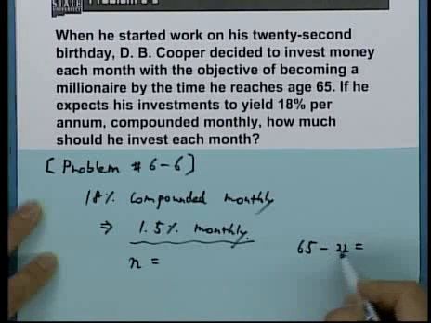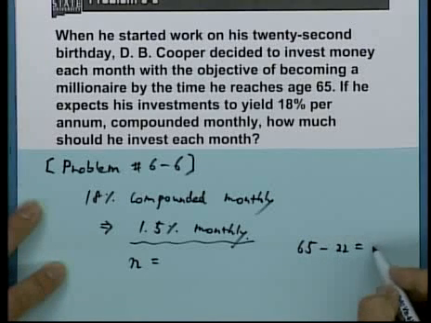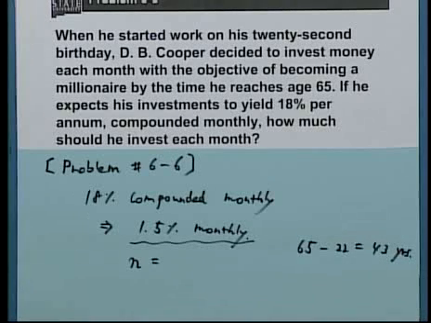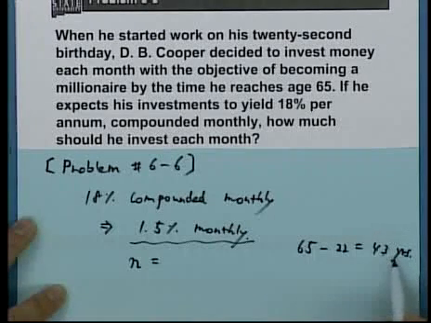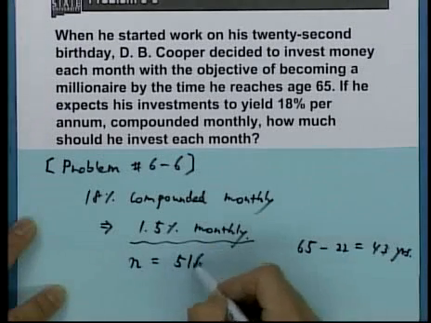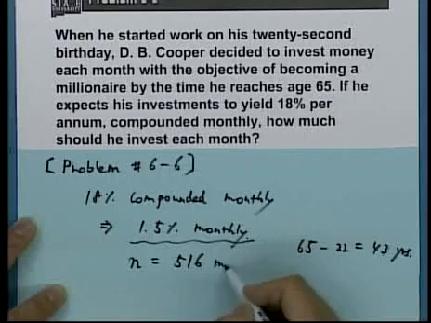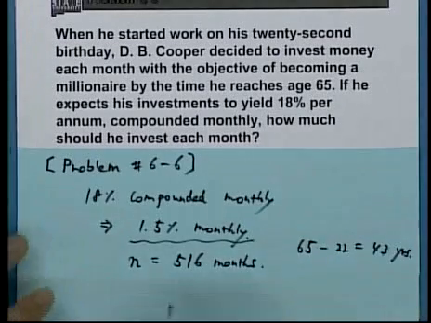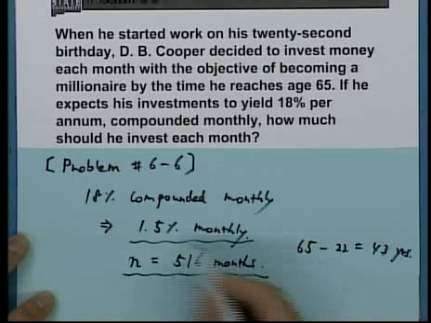So how many years is that? That's 43 years, right? So 43 years times 12 months becomes 516 months. That is the interest periods that we are going to use. Okay.